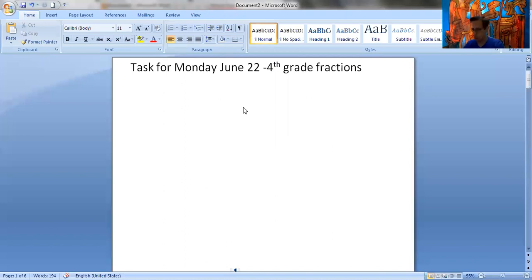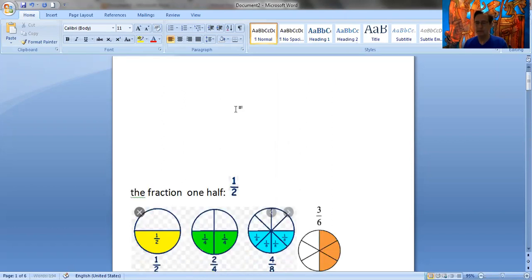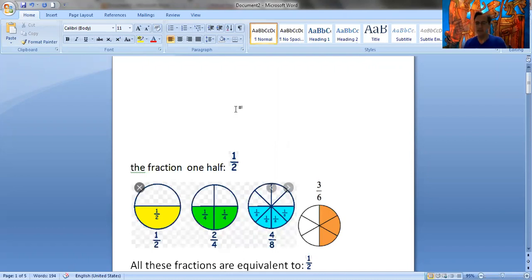Okay, so first let me explain to you what kind of fractions we are going to work with. We're going to work with the fraction 1/2. So what is the meaning of 1/2? The meaning of 1/2 is something cut into equal parts, like this.